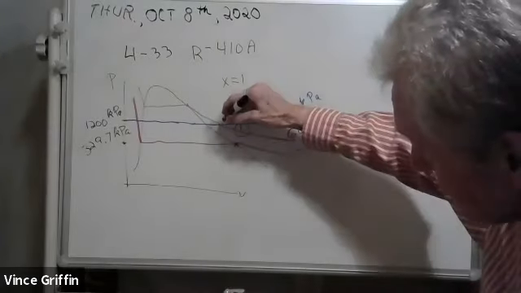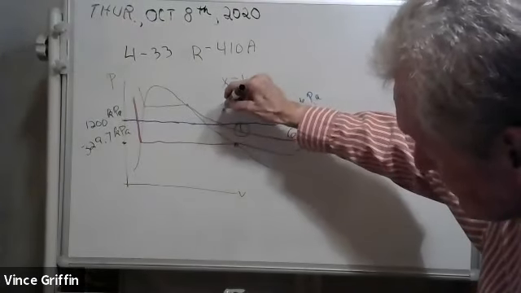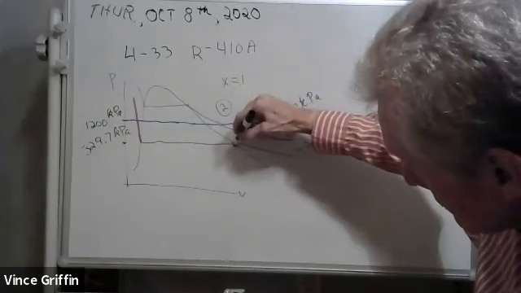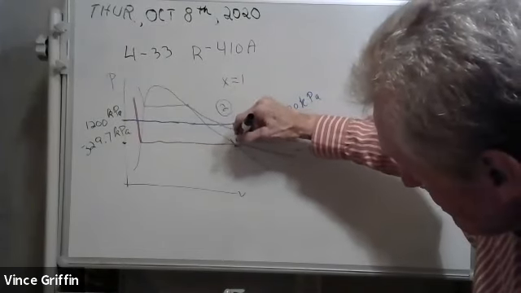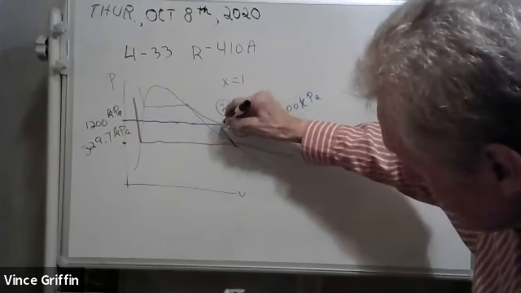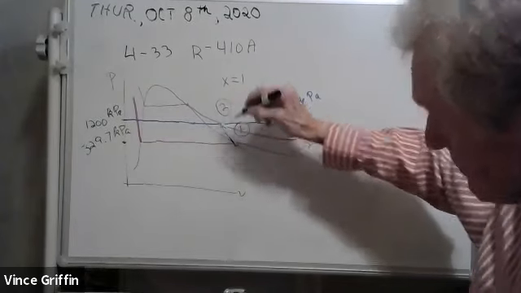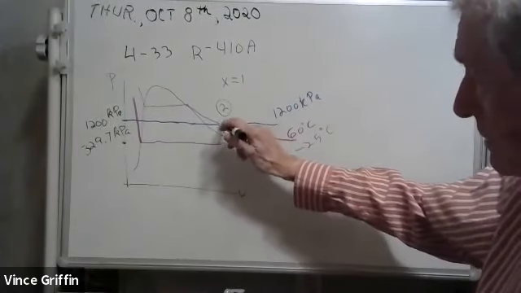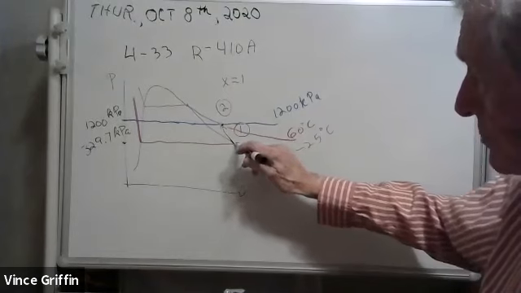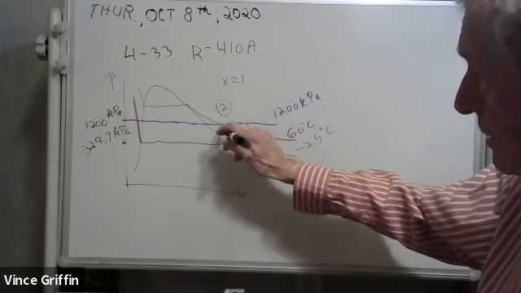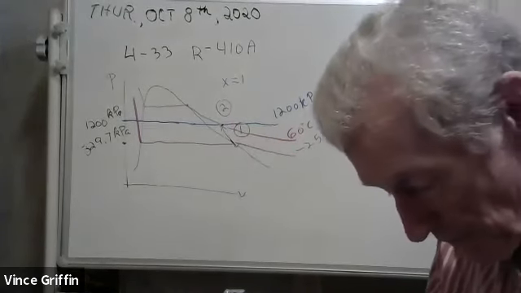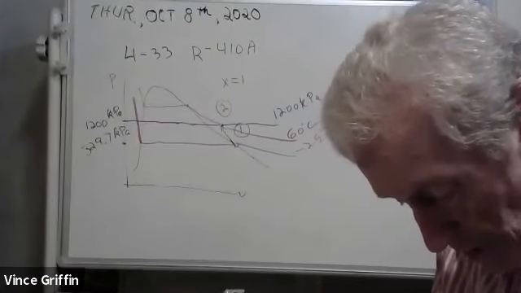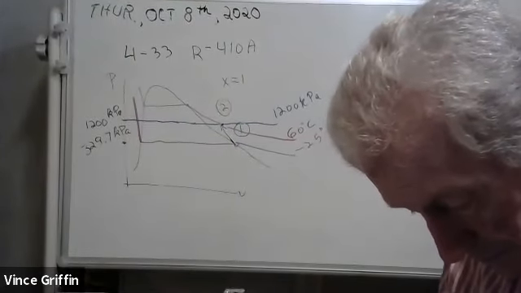And here's our process. Here's state 2, and here's our process from 1 to 2. There's 1. There's 2. There's your process. There's your arrowhead. And boy, we're done.